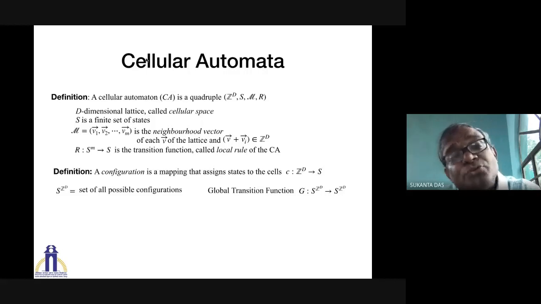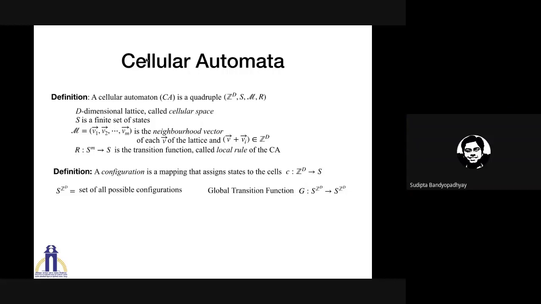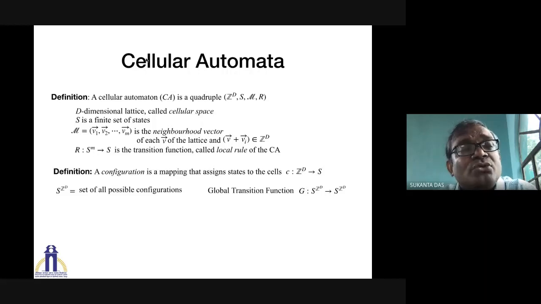No, this m includes the cell itself. Okay, but when we are defining the capital M, there we are considering v1 to vm as the neighborhood vector. So in the neighborhood, we are including that, right? Suppose v1 is 0, 0. In the last class also I have shown v as 0, 0 in the 2D case.